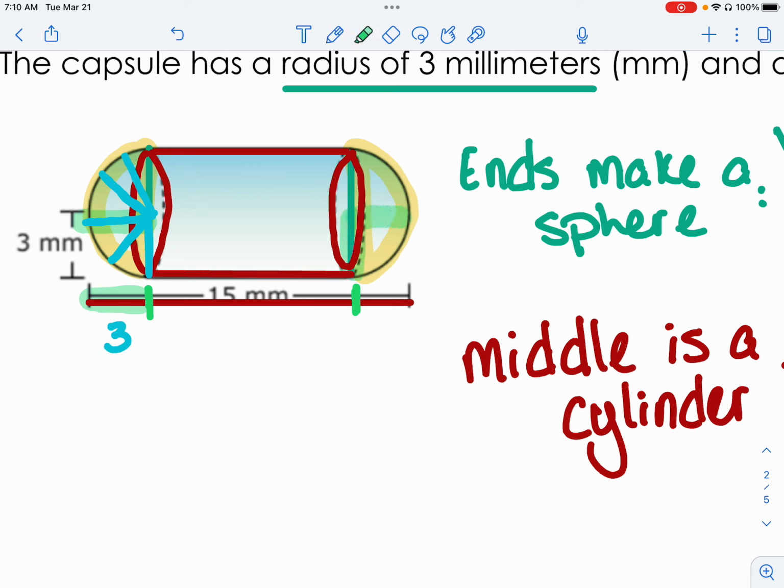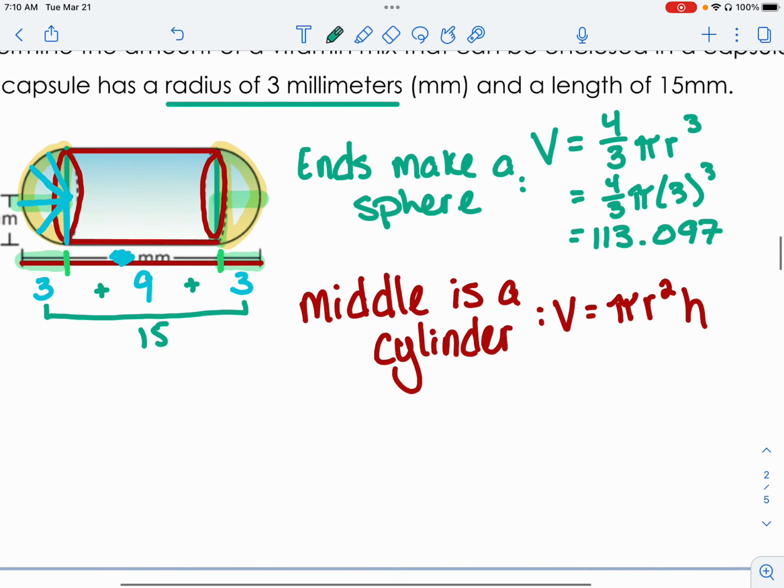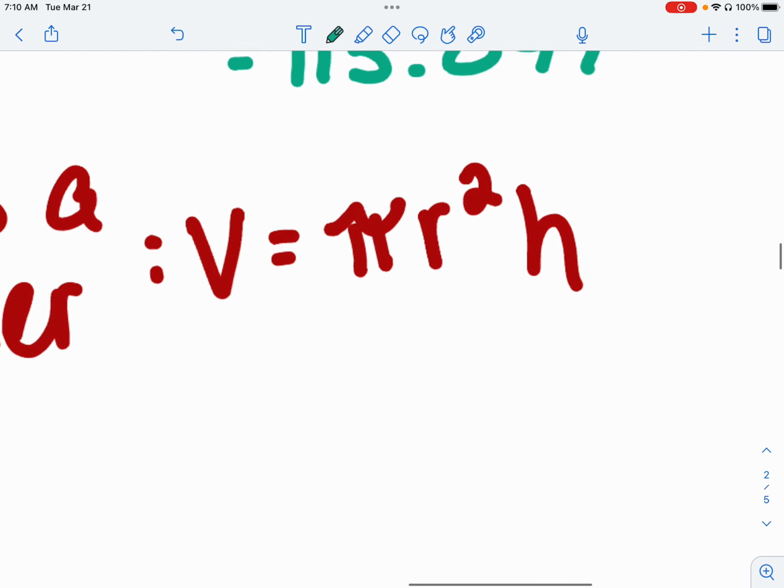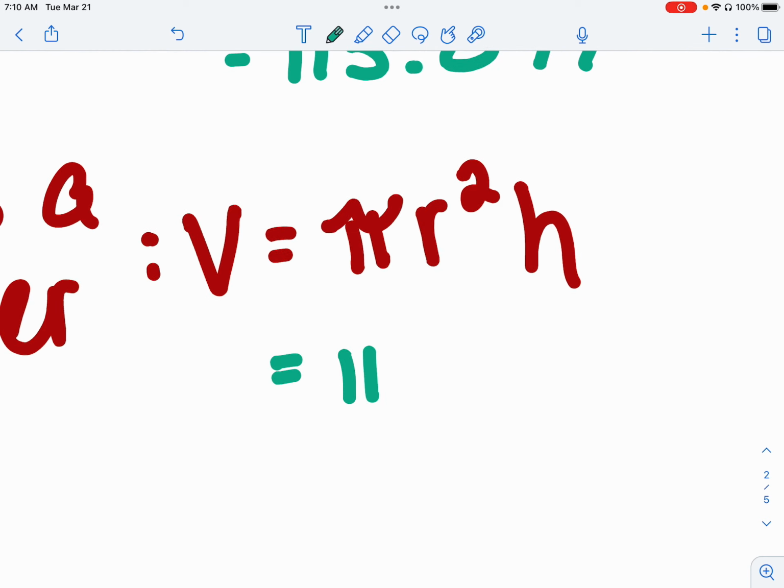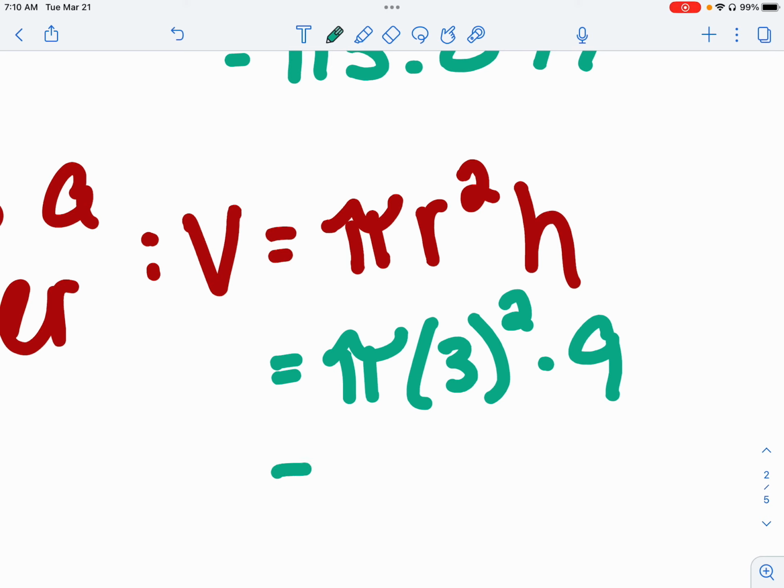So we know that both of these measures have to be 3, which means this is no longer 15. This would have to be 9, so that when we add 3 plus 9 plus 3, then that gets us our 15. So the height of the cylinder is actually 9. So our radius remains 3, and height is 9.